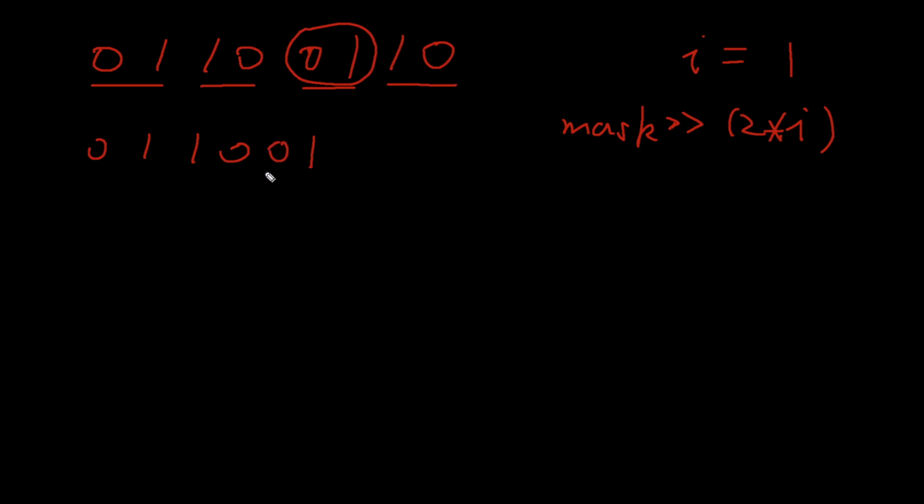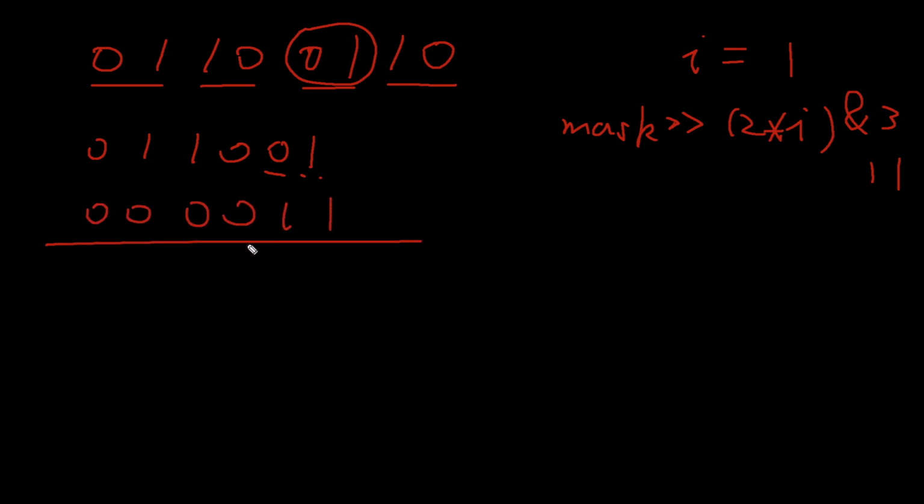And now we need to get this 2 bits, right? How do we get it? So we simply do an AND with 3, because 3 is 1 1, right? So which means we are going to do an AND with 0 0 0 0 and 1 1, right? So after this one, what we will have? We'll have 0 0 0 0 0 1, right? That's exactly what we need for this one, right? So that's how we get the value from this.